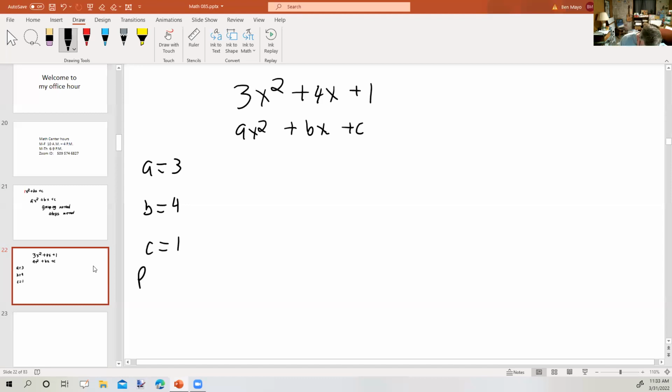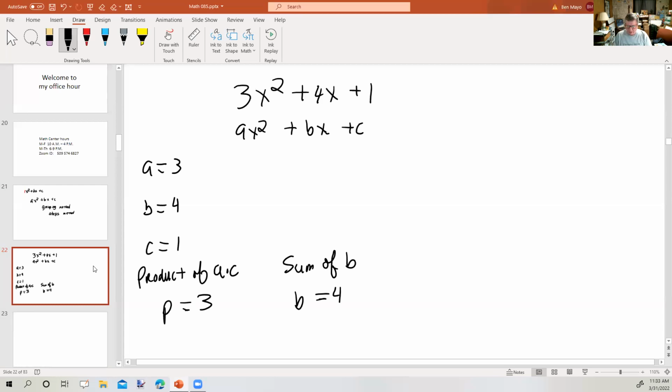Next, we're going to form the product of a times c. So the product is 3. And then the sum of b. So b equals 4. All right. So similar to the method we used yesterday, where we found a product. Oh, I said a b, and I should have said, hang on here. All right. The sum of b.